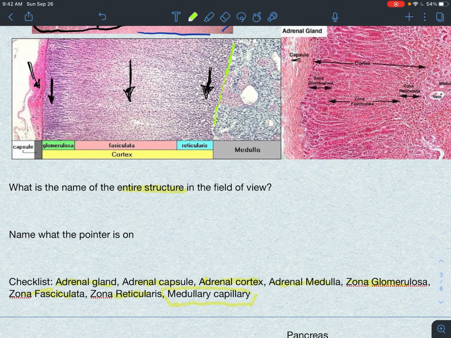That is the border right there. Right? How do you know that? There's a bit of a staining difference of color, right, on this side versus that side. But then, of course, don't forget the giveaway, the major giveaway is always going to be that blood vessel right there, that capillary, right? Okay.